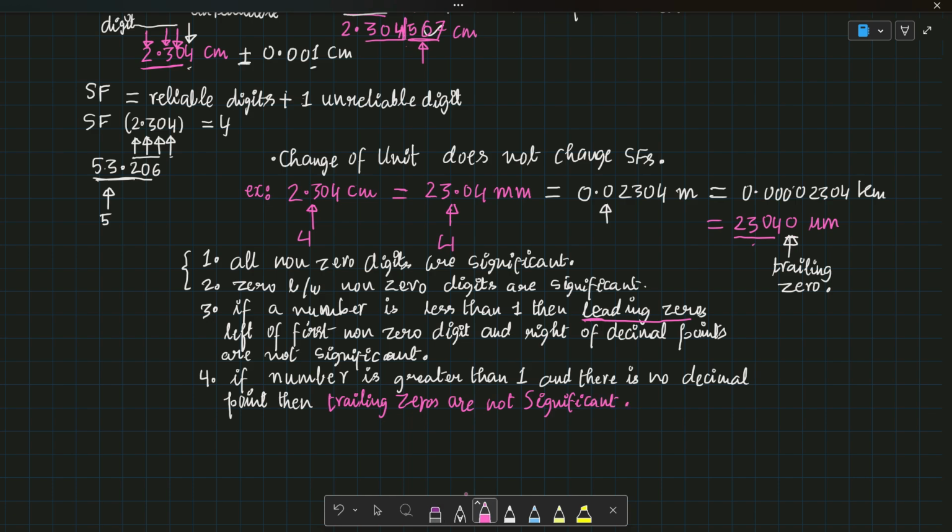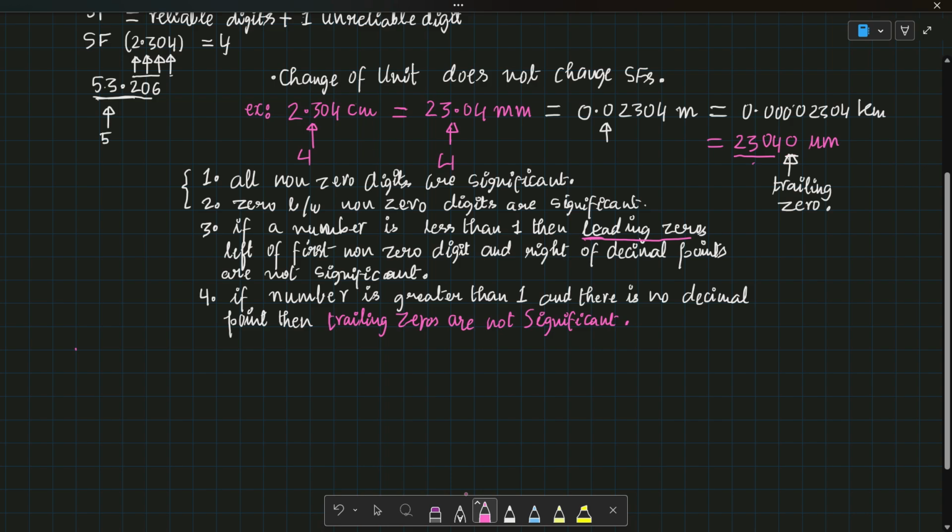But if there is a decimal point, let's say we have a case like 3.600 centimeter, and again changing the unit must not change the significant figures, so this has 4 significant figures. Let's say we change its unit to 36.0 millimeter, this has 4 significant figures.